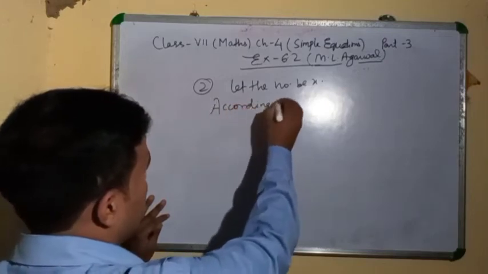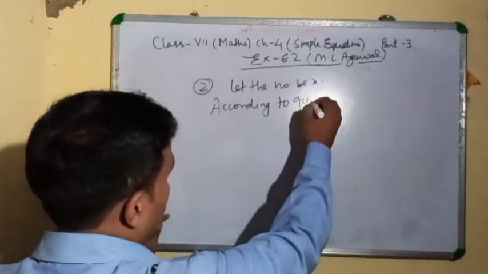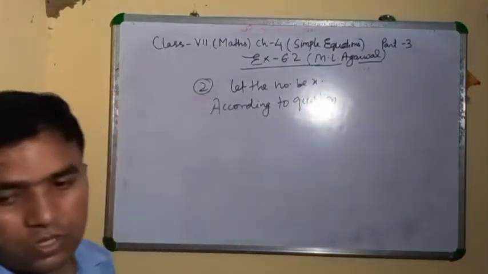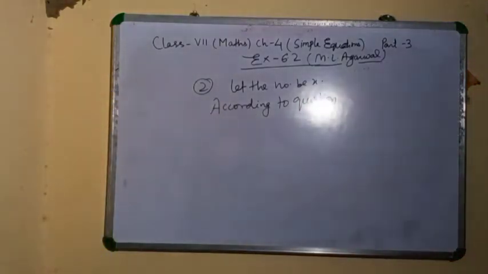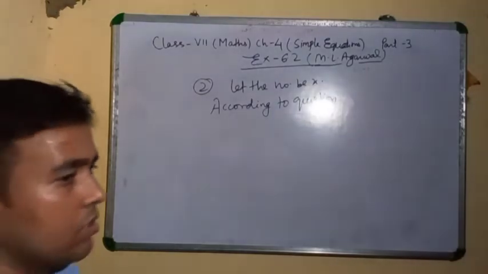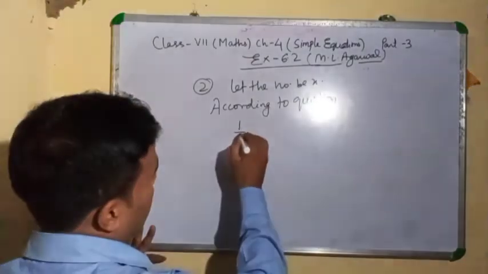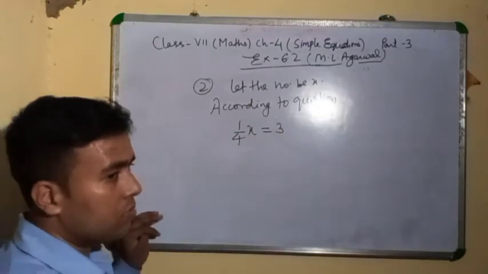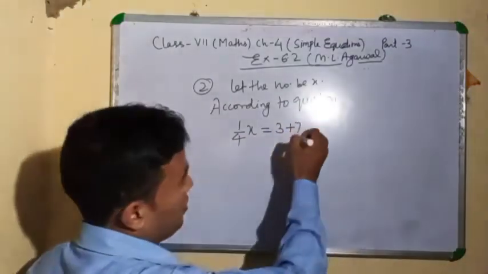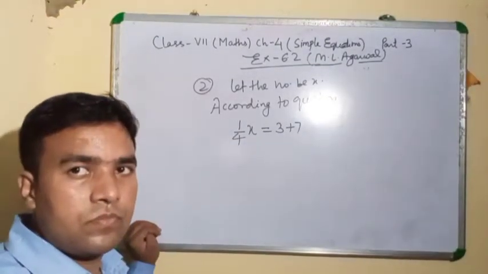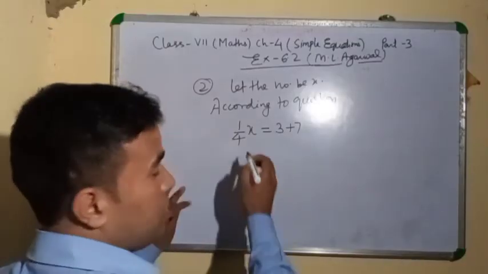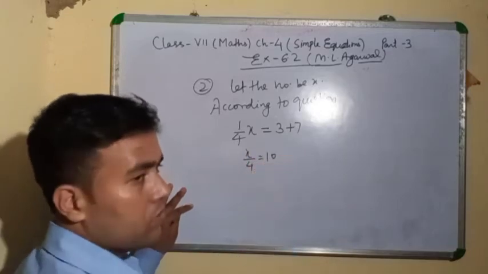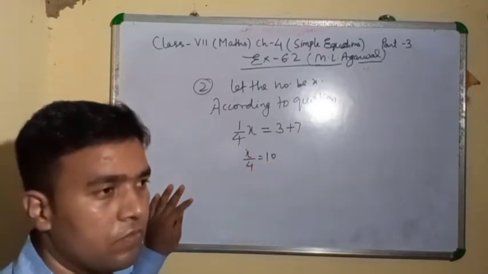According to question, 1/4 of the number means 1/4 of x equal to 3 more than, means plus 7, means x by 4 equal to 3 plus 7, 10.